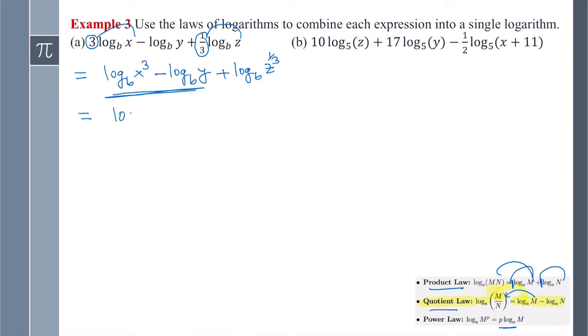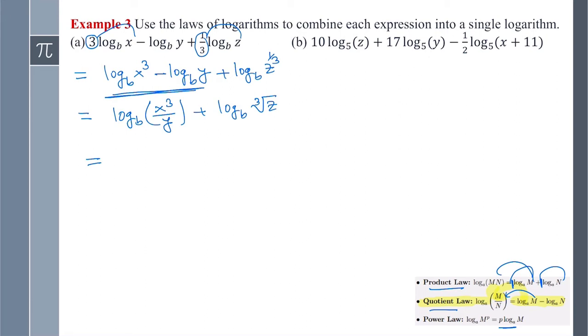So log base b of x cubed divided by y plus, now this can be written as log base b of cube root of z. Let's write it that way. Now if we look at this, we reduced from 3 logs to 2 logs. Now we can combine these two using the product law.